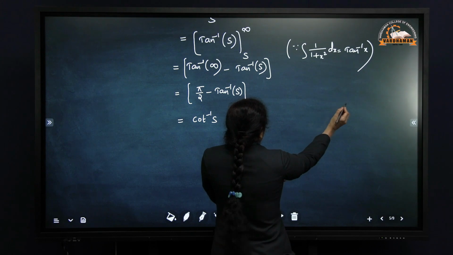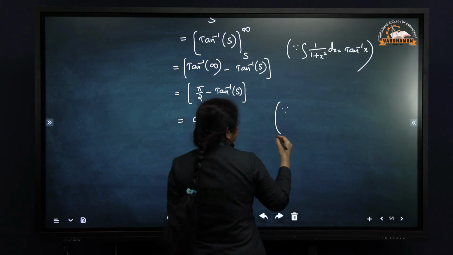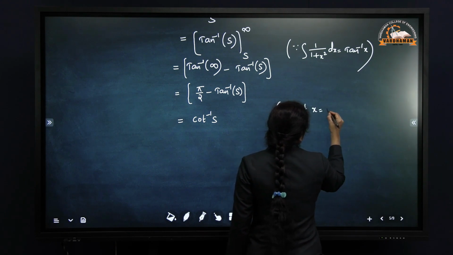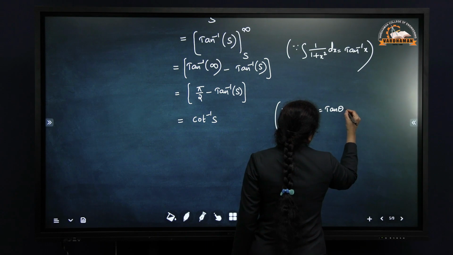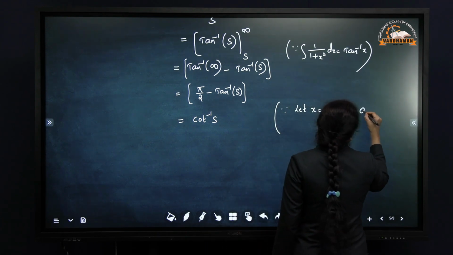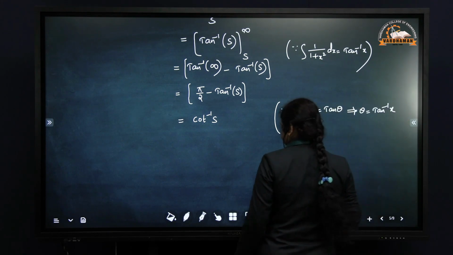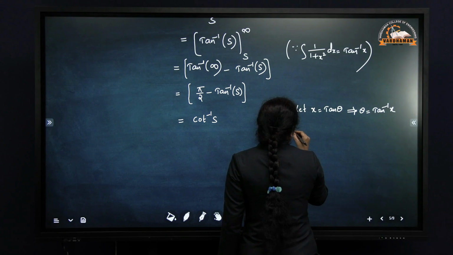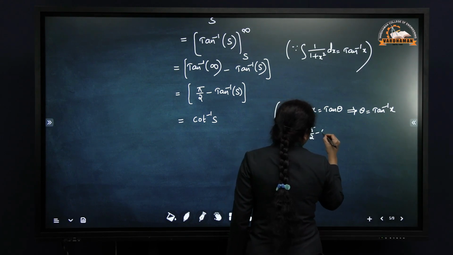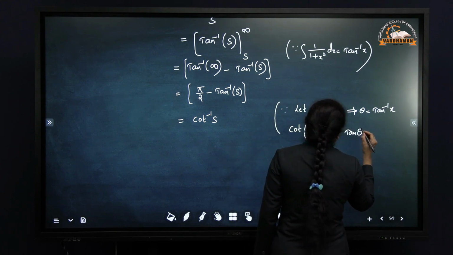Let's see how we are getting this result. Let us assume x equals tan theta, then theta becomes tan inverse x. Now we know cot of 90 minus theta equals tan theta.